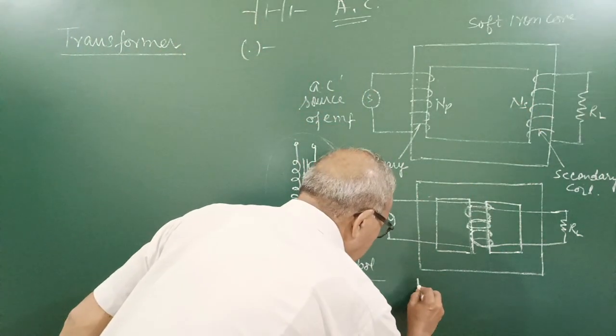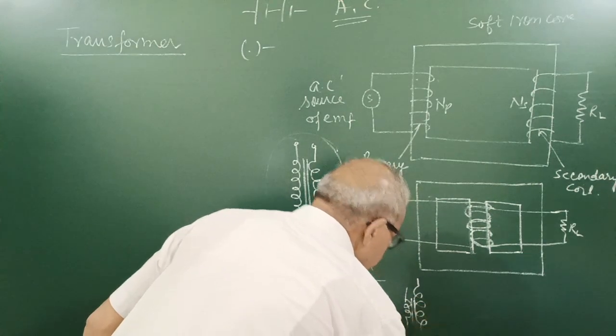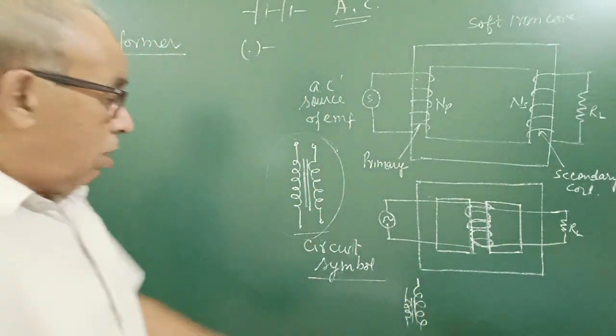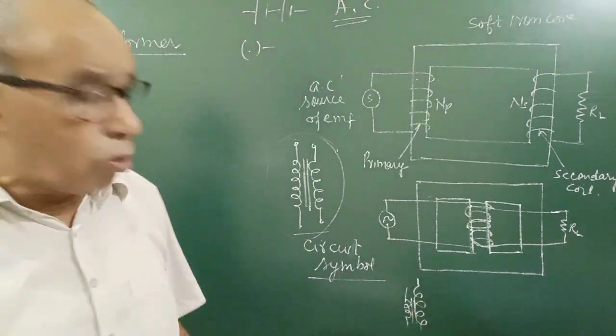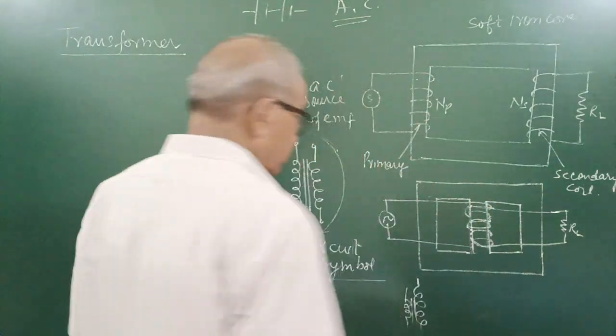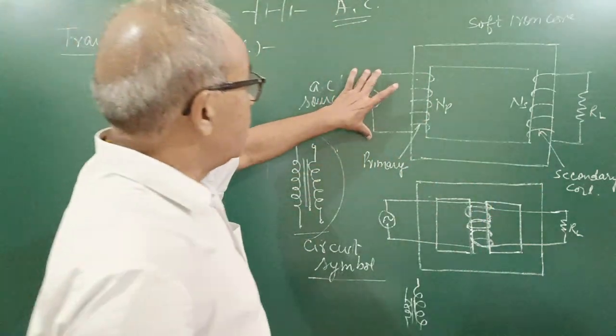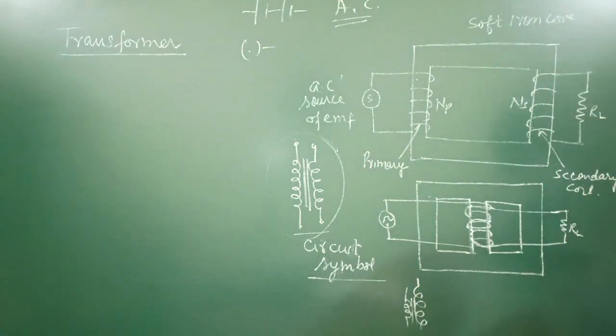So if you have to show it, show more turns in the secondary coil and 2-4 in the primary, and it will be step up. The same transformer can be used as step down by changing the load resistance and supply. Here is the AC supply, and here is a load resistance, meaning the resistance of the devices we are using.